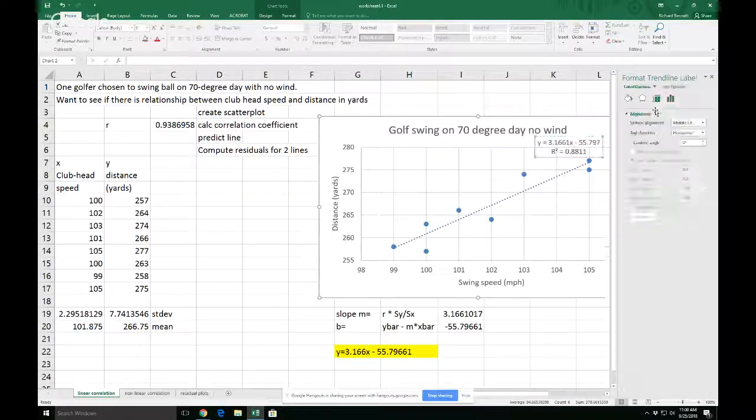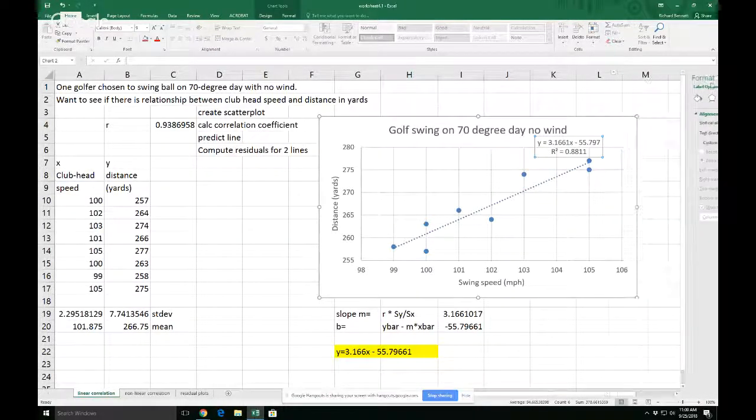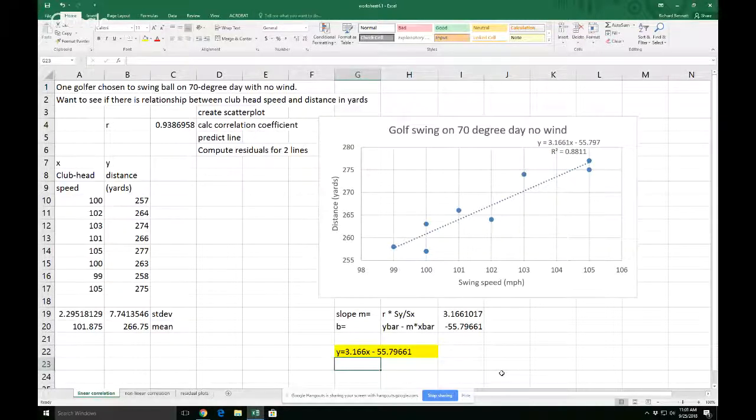Now, what do you think R squared is? It's not R squared, right? R squared is simply your correlation raised to the second power. Look at that. I got the same answer as Excel. I'm as smart as Excel. What does that mean though?